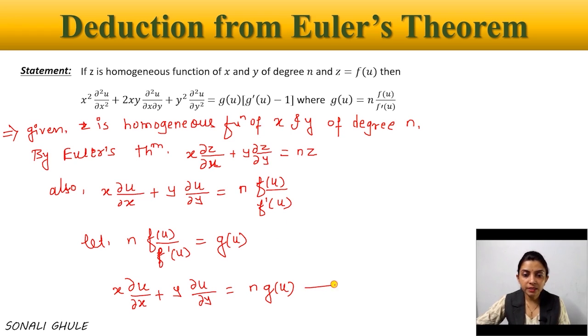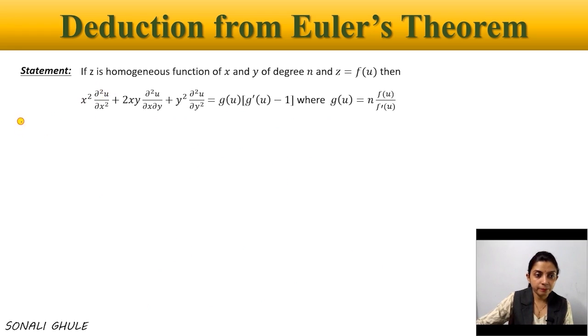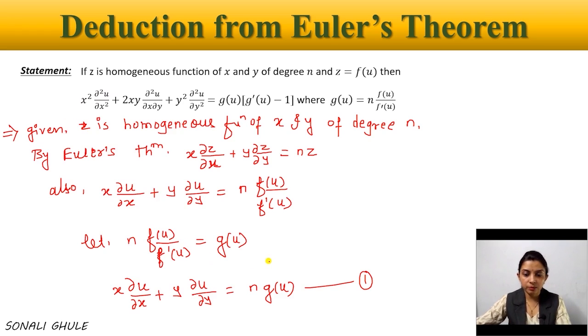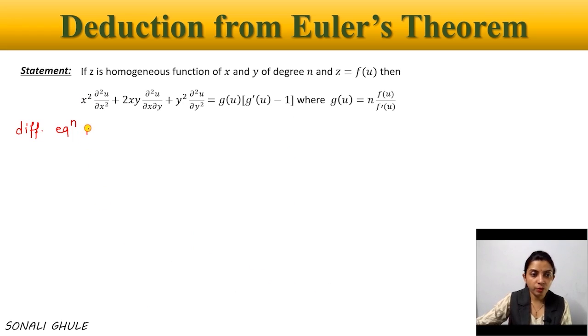Now see, I'm going to differentiate this; say this is our equation 1. I differentiate equation 1 with respect to x again, because what I want here is the double derivative, keeping y constant.